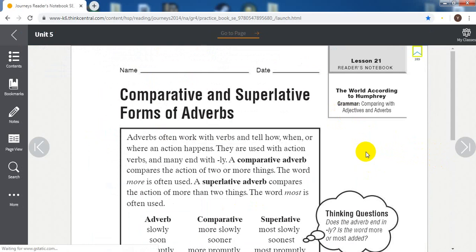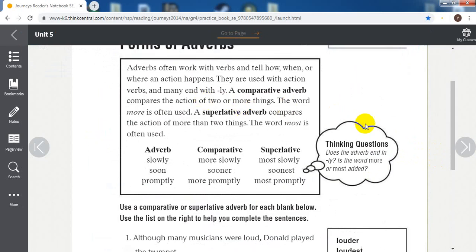So, comparative and superlative forms of adverbs. Okay, and we took adverbs, remember? Adverbs often work with verbs and tell how, when, or where an action happens. Remember lesson 17 we had adverbs?